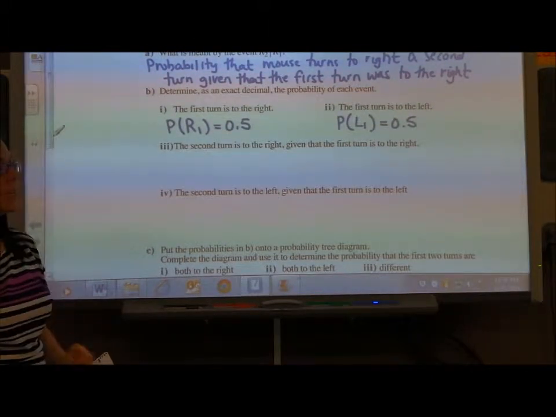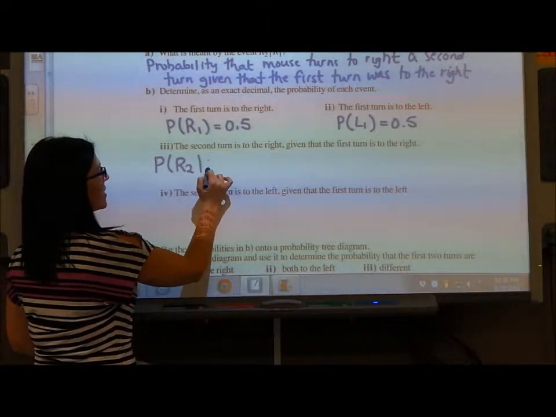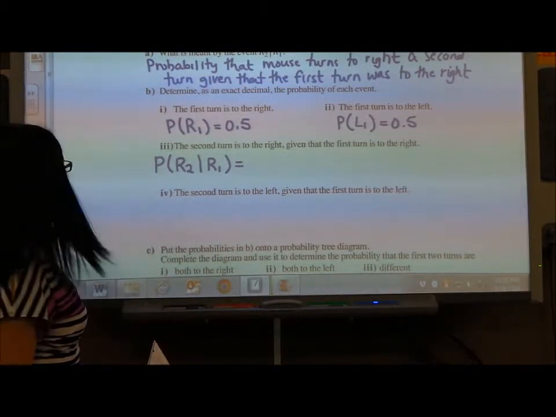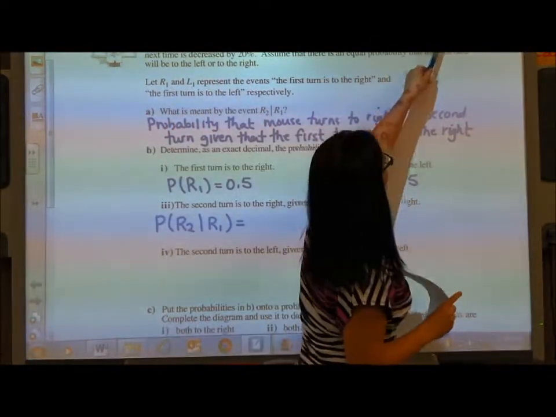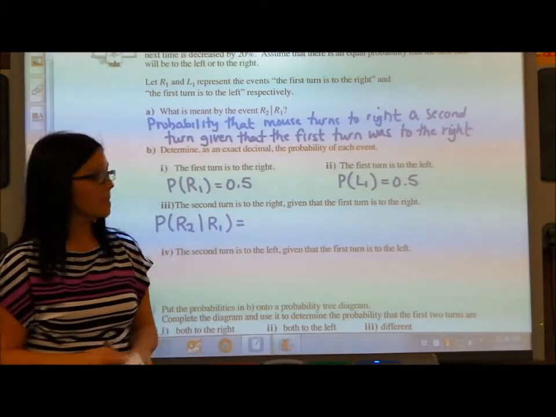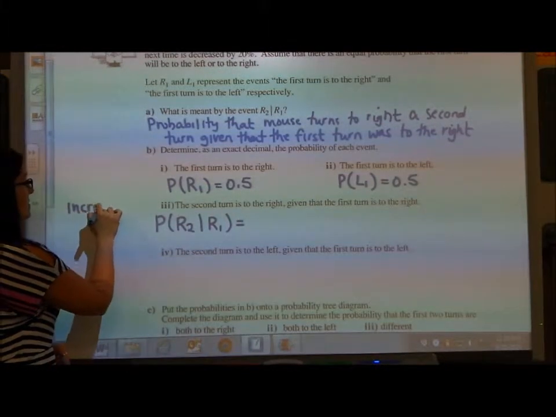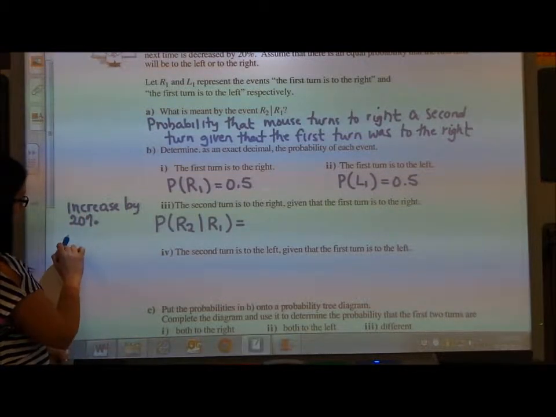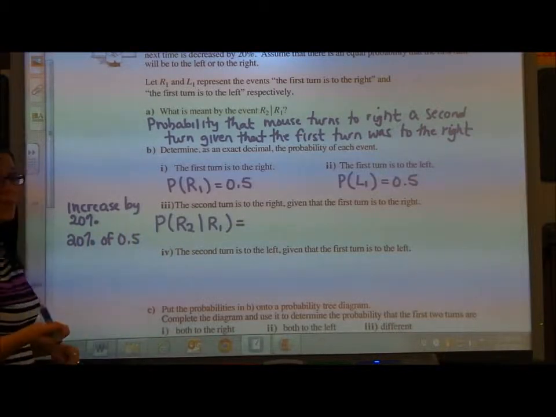So then the probability that the second turn is to the right, given that the first turn was to the right. I have to go back up to the top of the page and to the question. If the mouse turns to the right, the probability that it turns to the right the next time is increased by 20%. So if it's increased by 20%, that becomes 20% of the 0.5 that I had in the previous round.